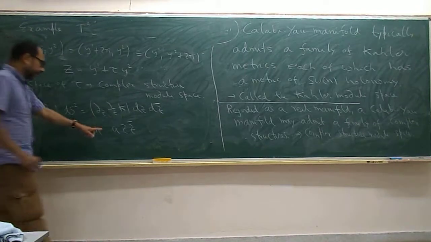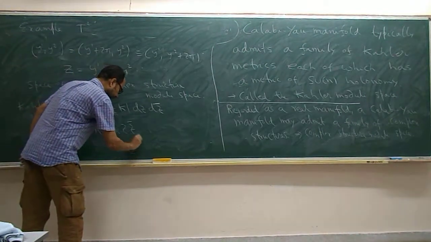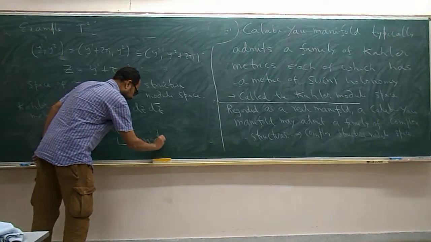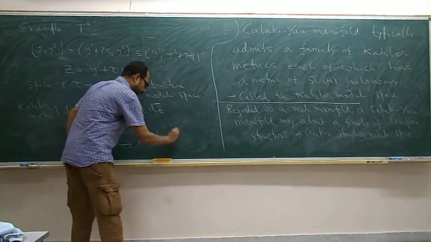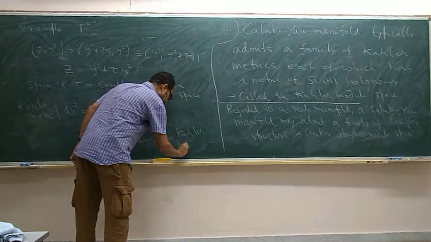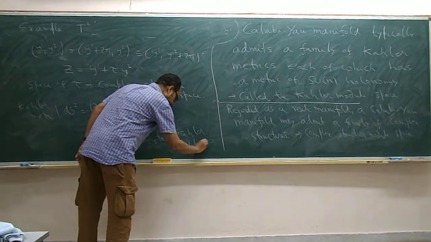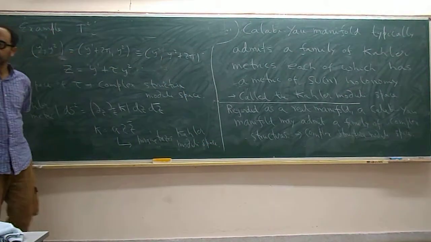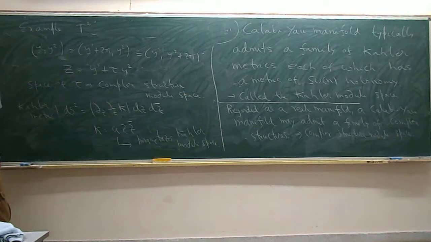So this constant A parameterizes a moduli space. Any value of A will give you an SU(1) holonomy metric.